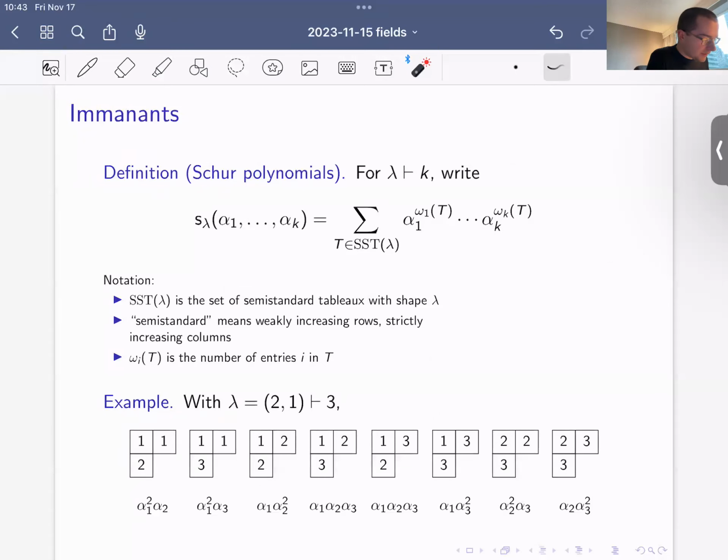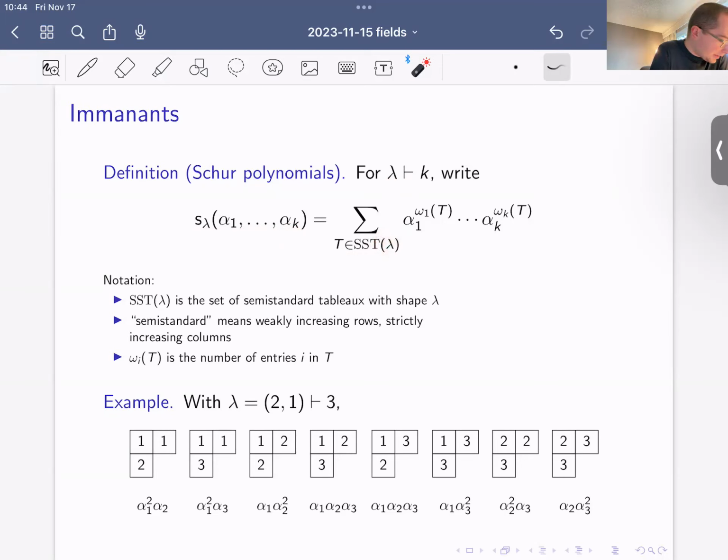So I'll just review what these are. This is probably the most concrete, down-to-earth definition of these polynomials. So you fix a partition of k, and you define s_lambda of these k arguments by summing over certain tableaux with shape lambda.